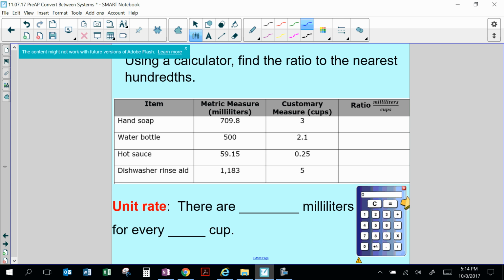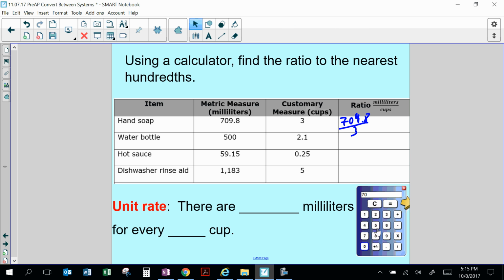Let's try another one. Can you find the ratio here to the nearest hundredth from milliliters to cups? You have a hand soap, water bottle, hot sauce, and dishwasher rinse aid, measured in about milliliters and cups. So 709.8 divided by 3. Let's get the calculator out. 709.8 divided by 3 equals 236.6.